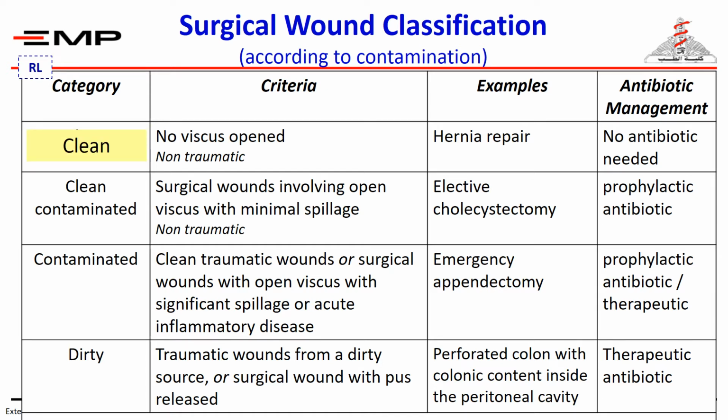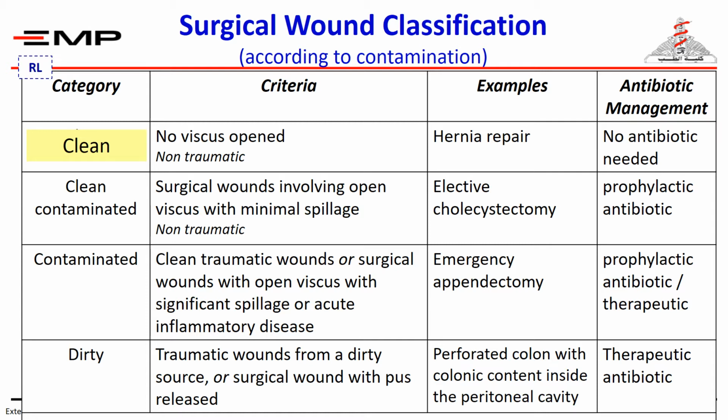Clean. The surgical incision is in healthy skin for an elective operation, not traumatic, not post-traumatic, with no viscus opened. This includes no injury of the alimentary mucosa, respiratory mucosa, genitourinary mucosa, or traversing the oropharyngeal cavity.